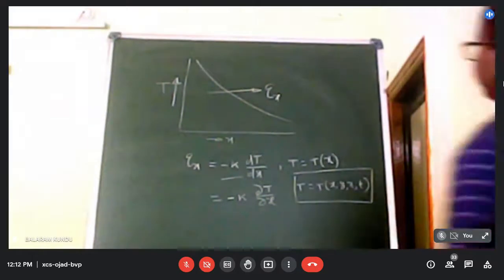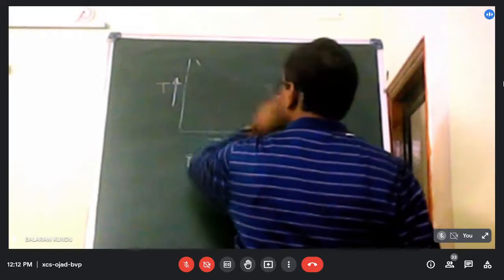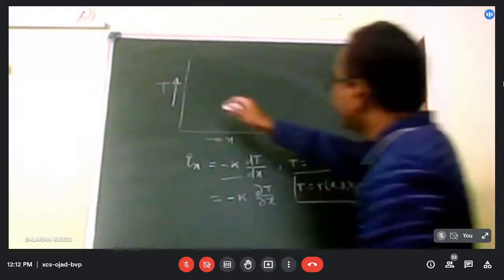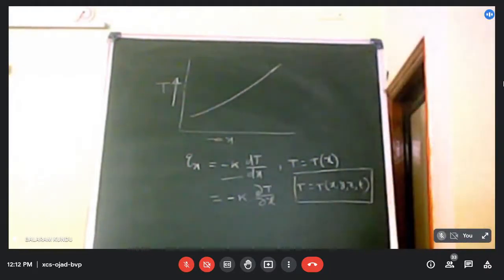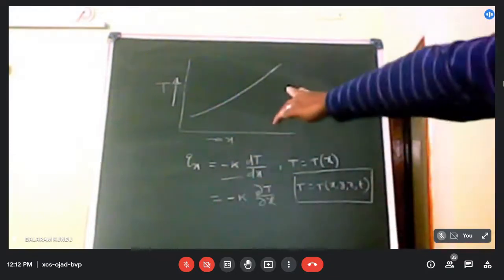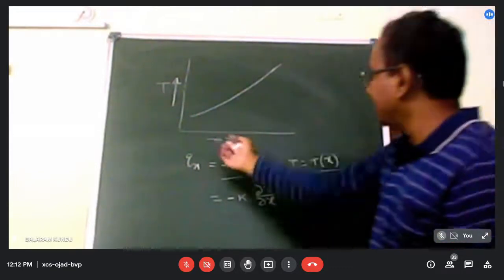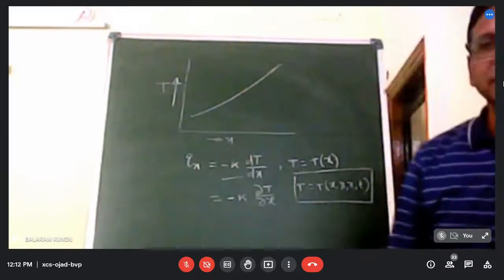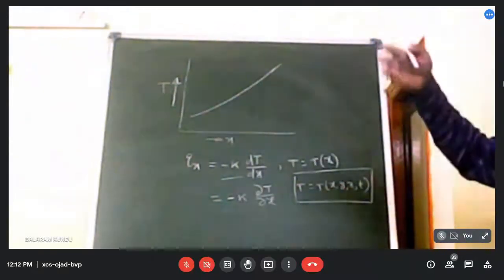In other way, say your temperature variation is this. With increasing x, the temperature gradually increases in this way. So it is also possible, depending upon the selection of the coordinate system. So from low temperature to high temperature, the temperature increases in the x direction.